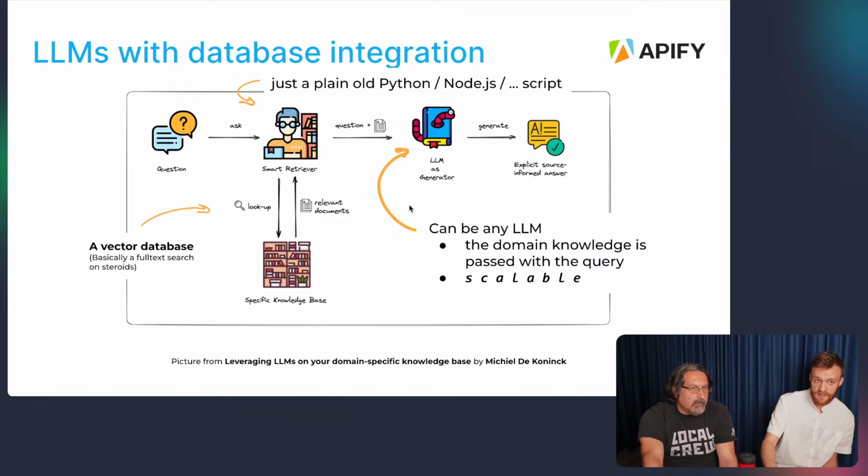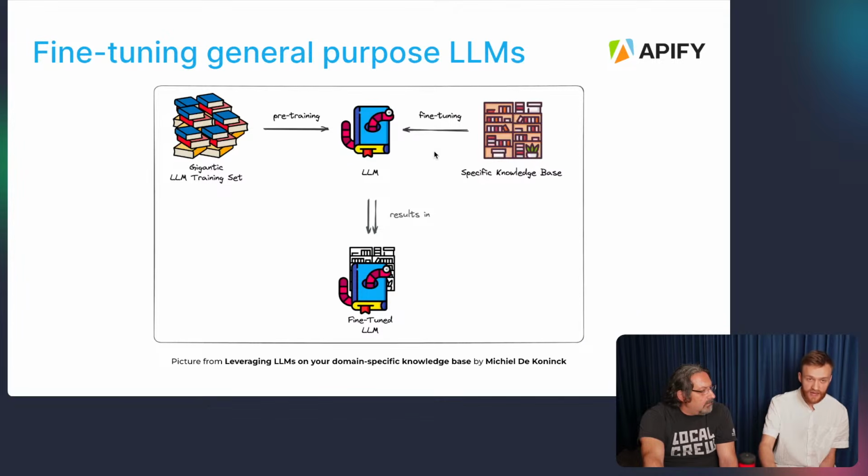Another thing that's like a huge upside, and it might not be immediately visible from this, is that with the previous case, you get an answer from this fine-tuned large language model, but you don't really know where that answer is coming from, because all the knowledge of your domain is somehow encoded into the large language model.